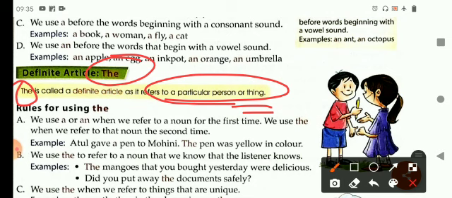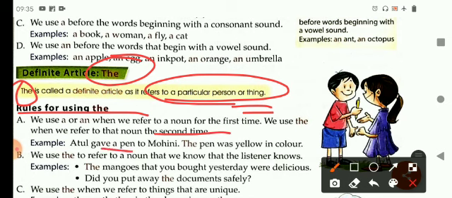Now let's read the rules for using the. We use a or an when we refer to a noun for the first time. We use the when we refer to that same noun a second time. Let's see an example. Atul gave a pen to Mohini.